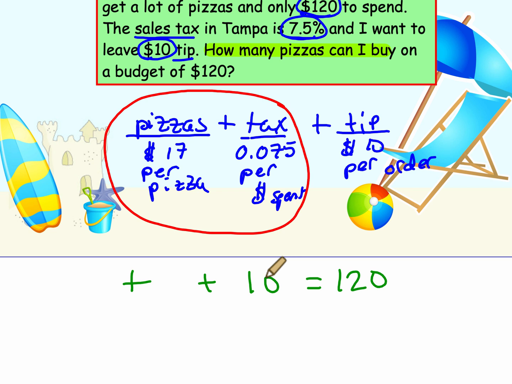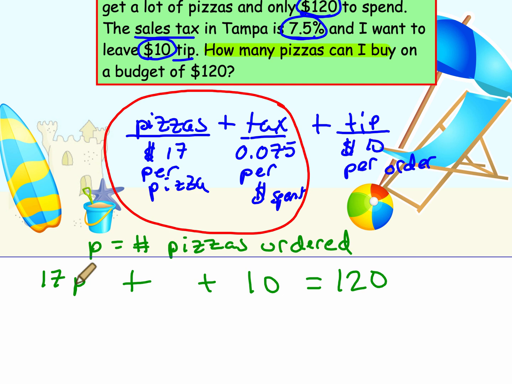And I'm going to need something to go with the pizzas, right? So let's make P equal the number of pizzas ordered. Let's say that I order $17 per pizza.